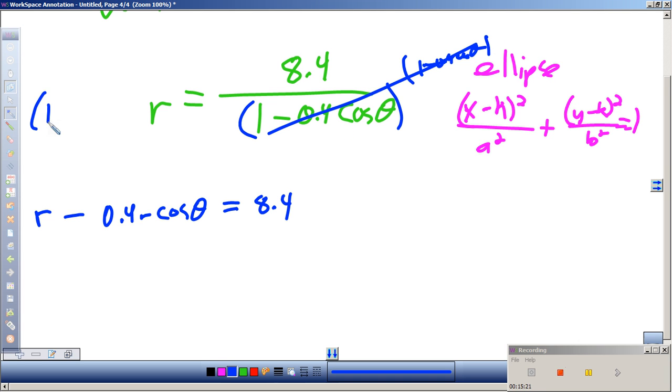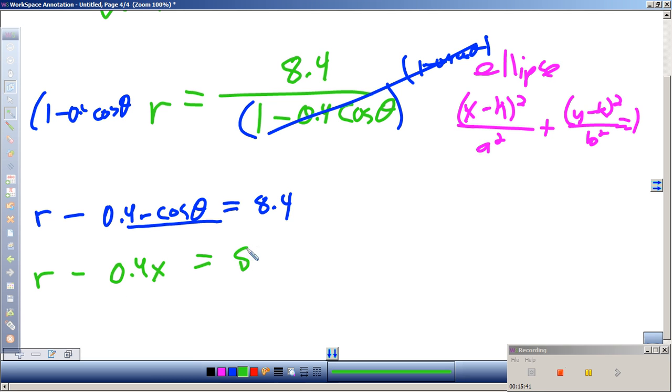How do you get rid of the theta? Are there 2 r's on the left side? Yes, because if you have r times 1, and then r times that, so that can simplify. r minus 0.4x equals 8.4.